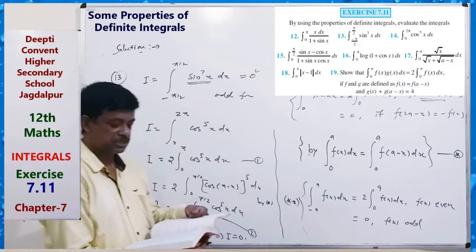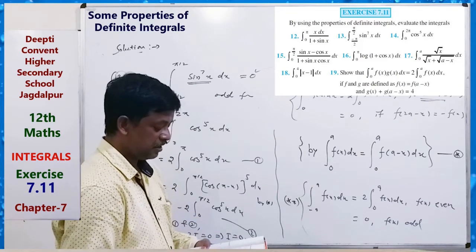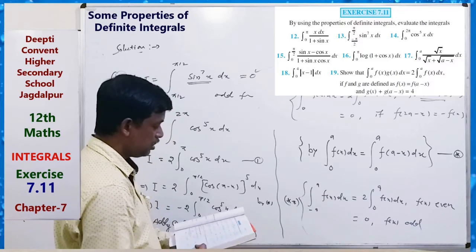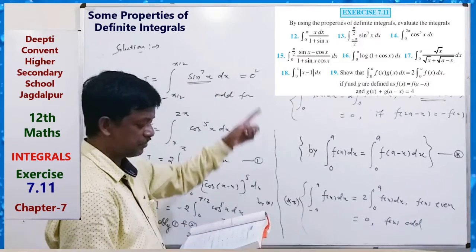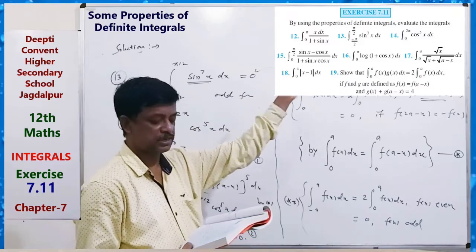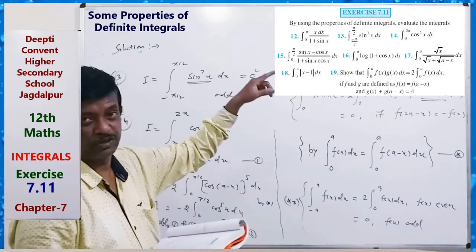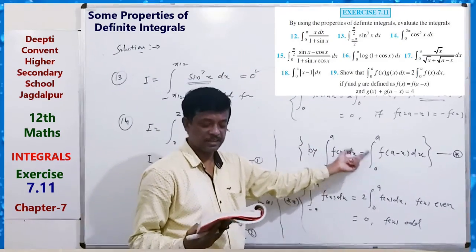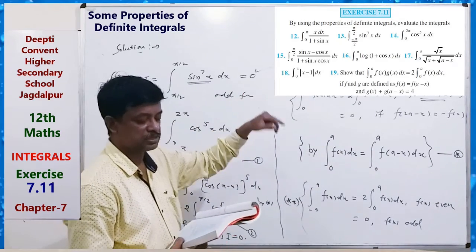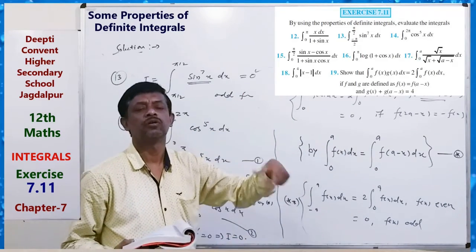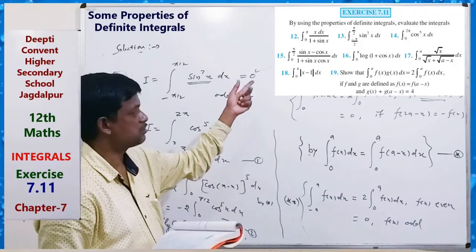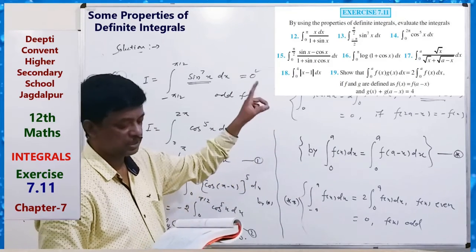Now also question 15. The integral from 0 to π/2 of (sin x − cos x) divided by (1 + sin x cos x). You can use the a minus x formula: in place of sin you get cos, and in place of cos you get sin.